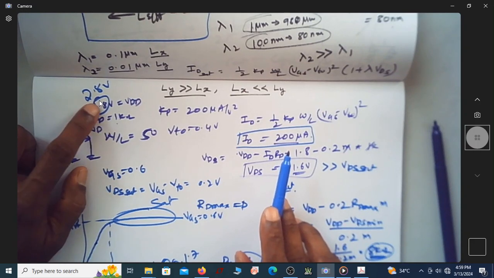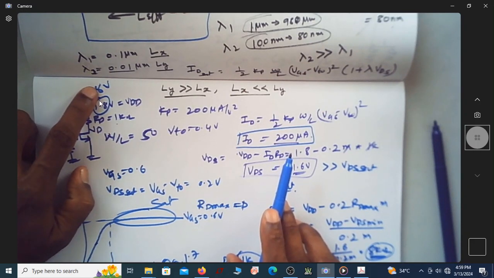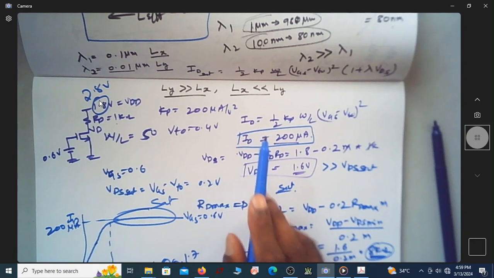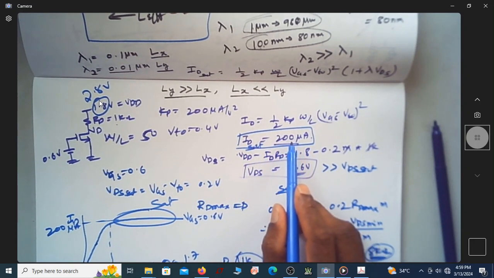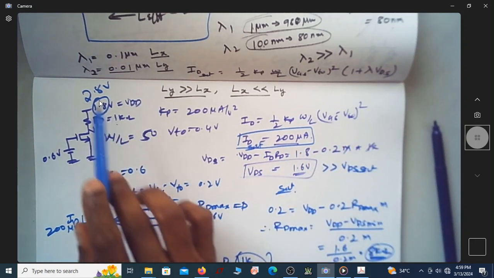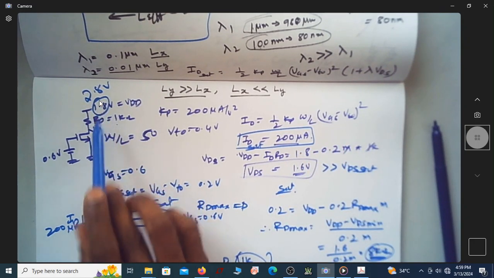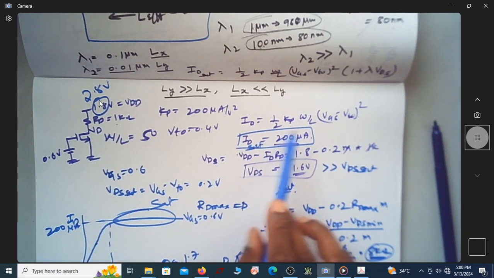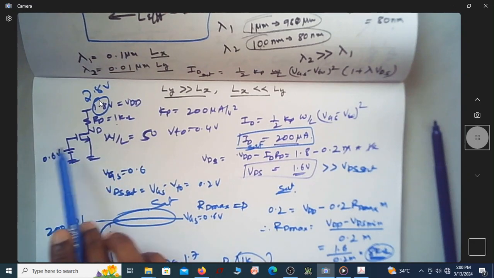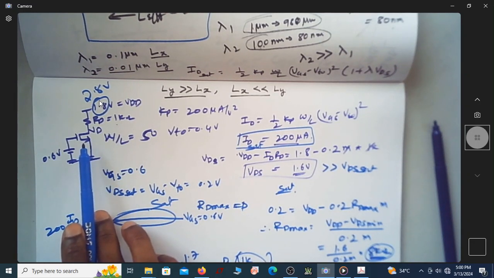So whether it is 1.8 or 2.8, as long as the MOSFET is in saturation region, the current is 200 microampere only. The MOSFET will not change its current as long as it is in saturation region.